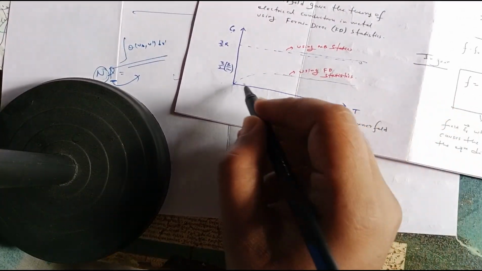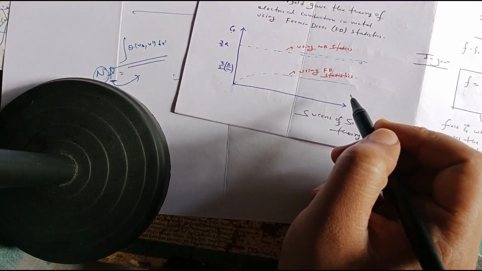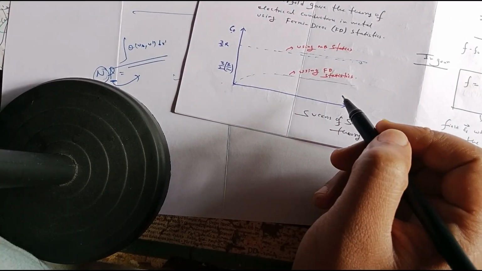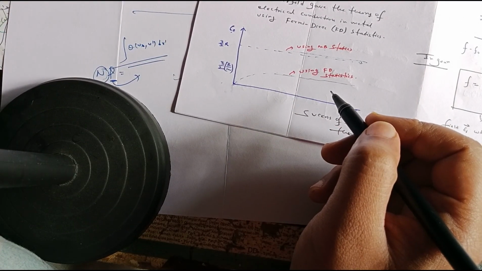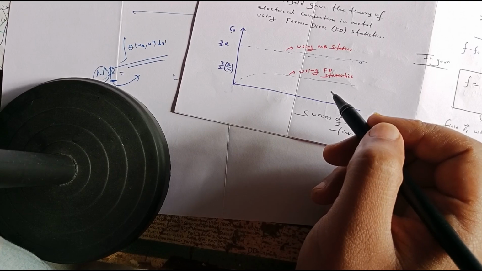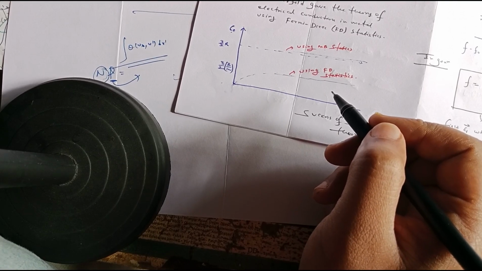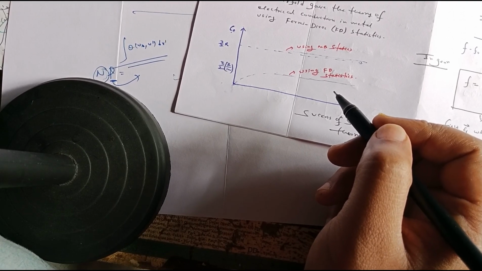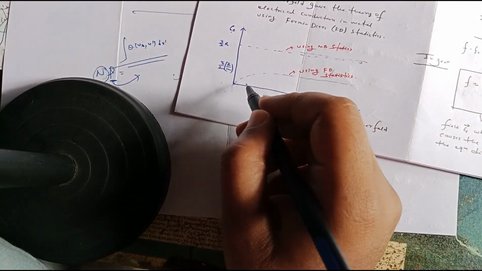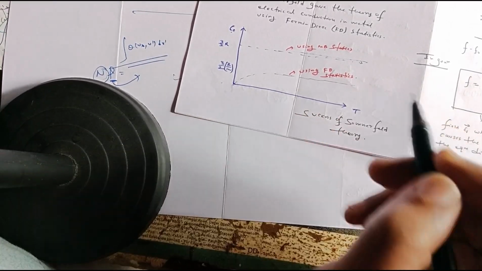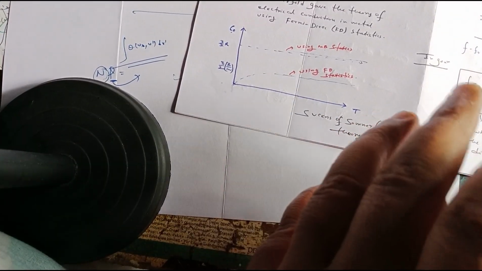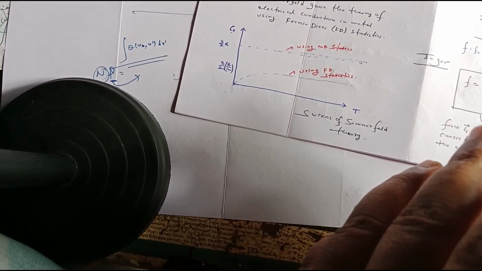But experimentally people have found such a kind of curve, and were not able to explain why it's so. But when we apply Fermi Dirac statistics in our calculation, it just meets the experimental results. So we can understand how important these distribution functions are.